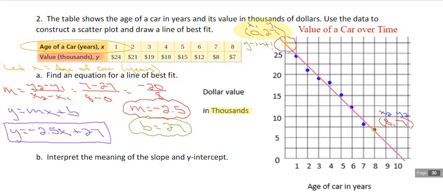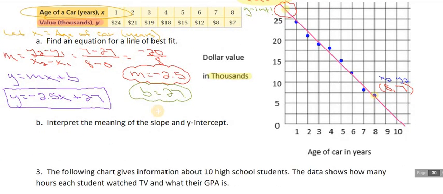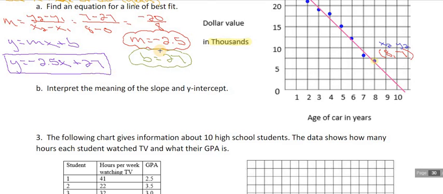Again, slope, change in y over change in x. So if I just take that decimal version of the slope and I write it as a fraction, we write it over 1, change in y over change in x. y represents the dollar value in thousands, so dollars in thousands over the x value represents age in years.